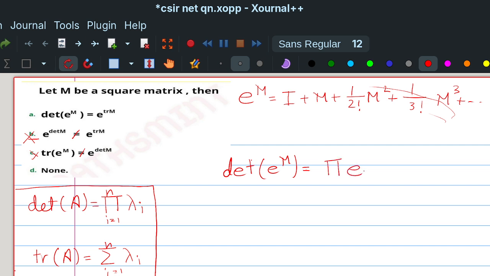Product of all the eigenvalues of e to the power M, i equal to 1 to n. So this becomes e to the power summation of all lambdas, and e to the power trace M is e to the power sum of lambda. So these two are equal. So option A is correct.